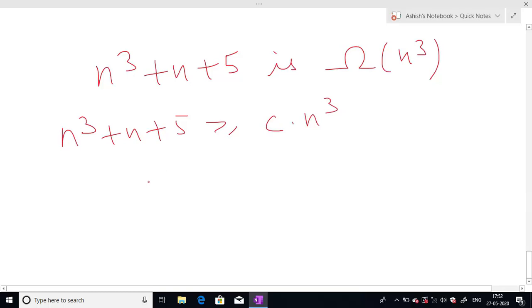If we take c equal to 1 and n naught equal to 1, then this condition is true, because 1 plus 1 plus 5, 7, is greater than or equal to 1. If we take n equal to 2, 2 raised to power 3, 8, plus 2, 10, plus 5, 15, is greater than or equal to 8.